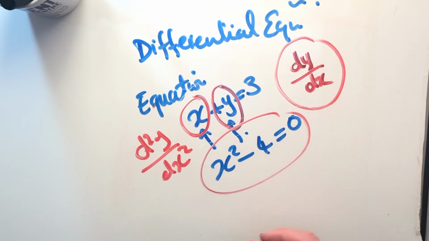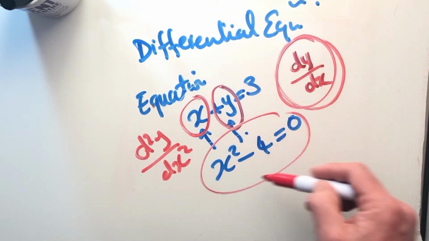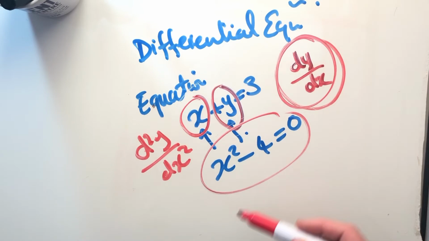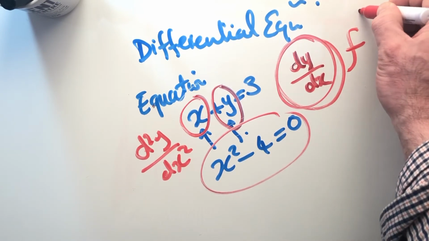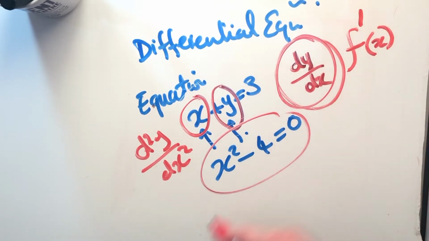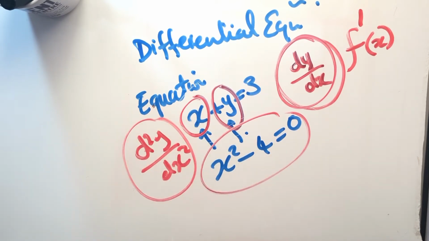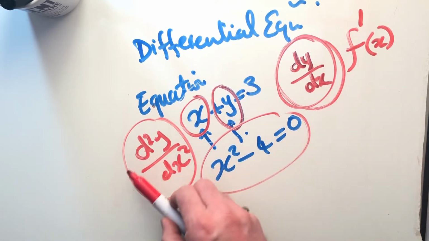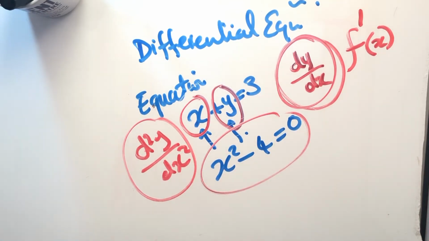A differential equation will have another term, such as a derivative of y with respect to x, dy dx, or in some notation a prime, f prime of x, or a double differentiation. Basically, if an equation has a derivative, then this is called a differential equation.